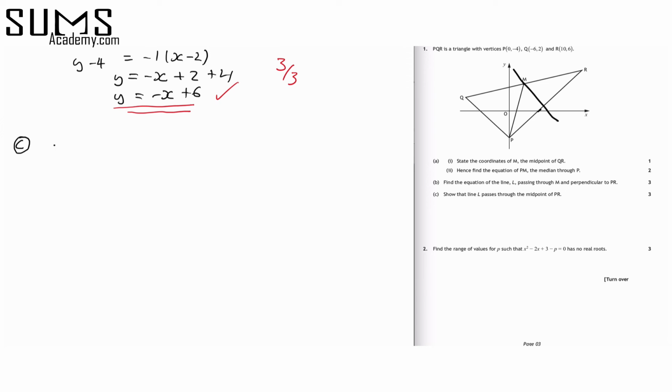So we know that P is (0, -4) and R is (10, 6). So the midpoint is 0 plus 10 over 2 and -4 plus 6 over 2, which is 5 and 2 over 2, which is 1. So (5, 1).